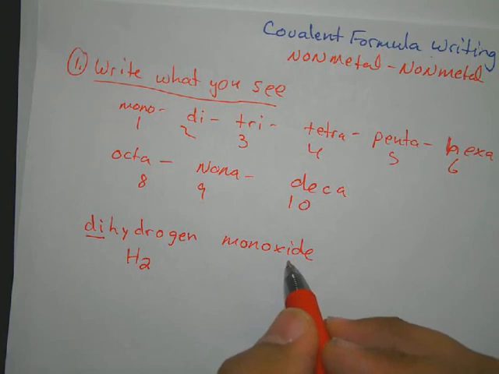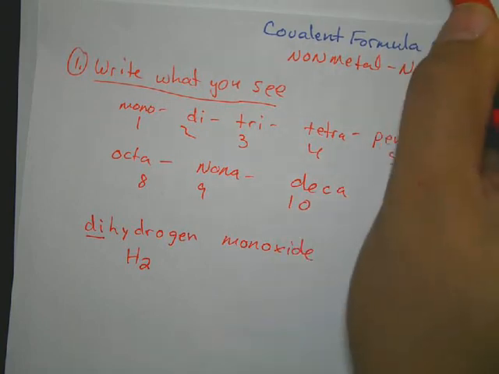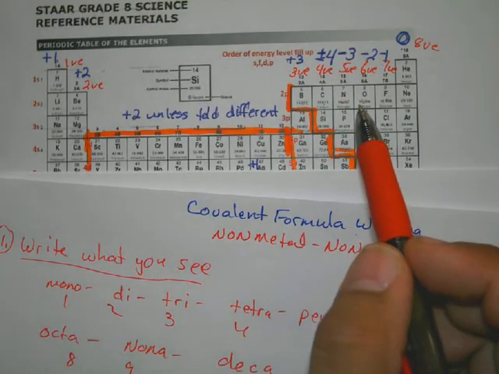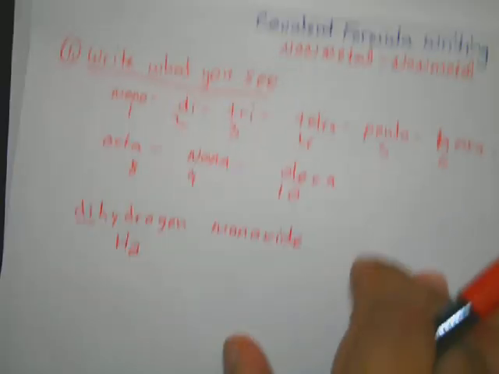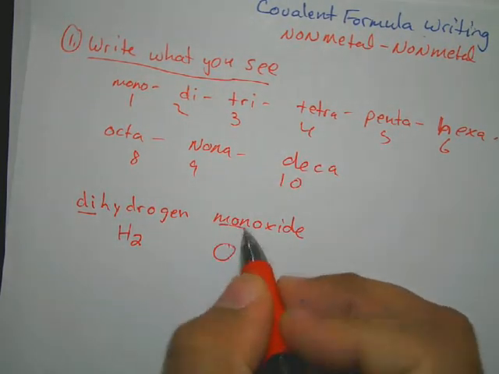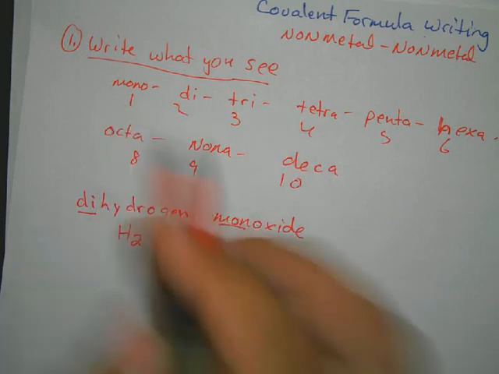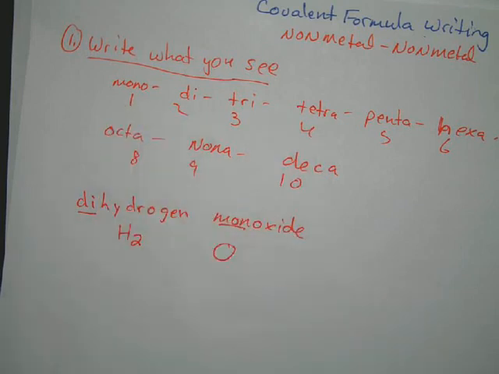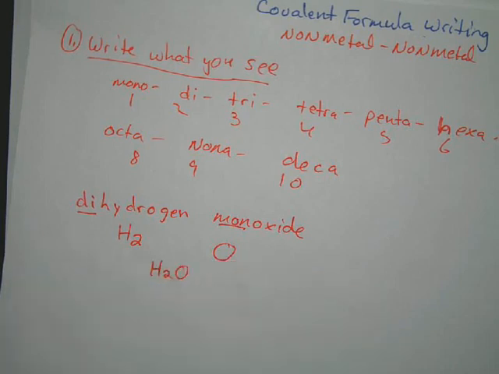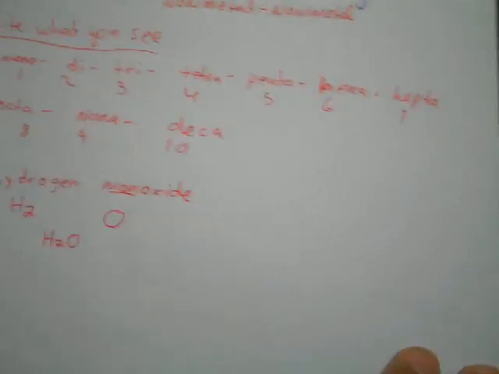What is oxide? It's oxygen, so I'm going to put down my O for oxygen. How many oxygens do I have? Mono means 1 oxygen. We don't write ones. So all I got to do is squeeze these two guys together. So what is dihydrogen monoxide? H2O, water.